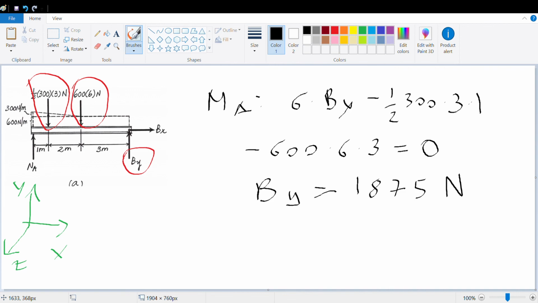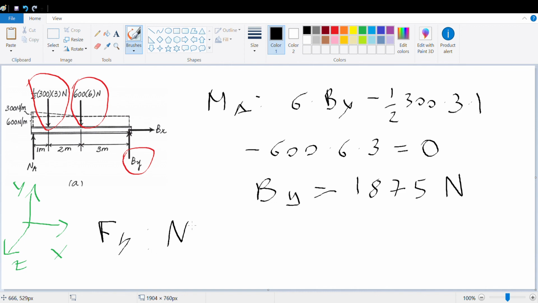Now, to find the other reactions, I will solve Fy equals 0. So, what forces are acting on Y?